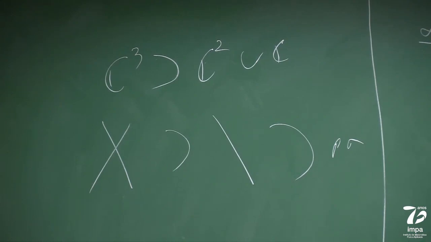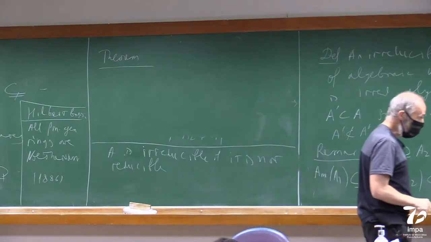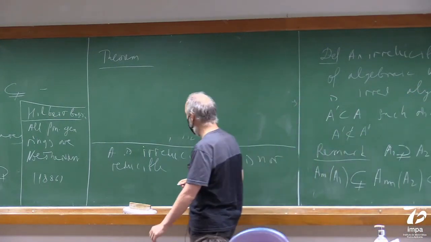I'm not stating any theorem in that, but now I will state a theorem that every algebraic variety is a union of its irreducible components, which are finitely many. There is an algebraic counterpart of this theorem, which is the Lasker-Noether primary decomposition. I will tell you about that a little bit next lecture.